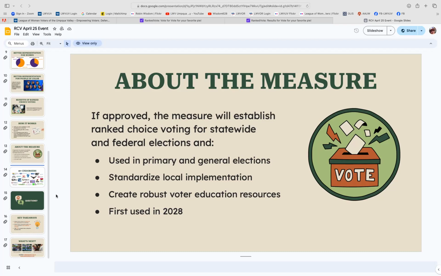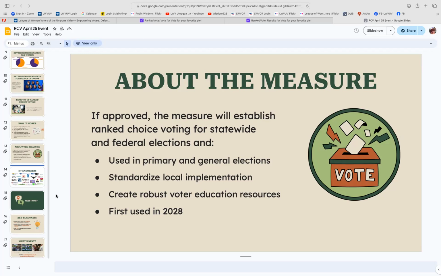We also were very dedicated to including resources for voter education. Again, I think people can grasp how to use the rankings, but it was very crucial for us to ensure that there is resources so that the Secretary of State will be able to roll out a voter education plan for the entire state. And lastly, if this is passed, the first use of ranked choice voting will be in 2028.